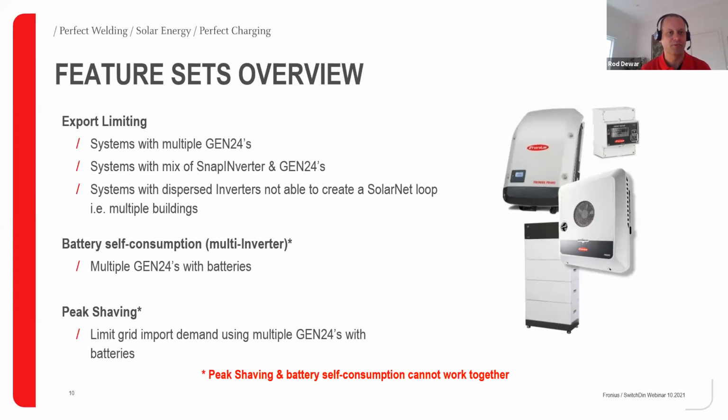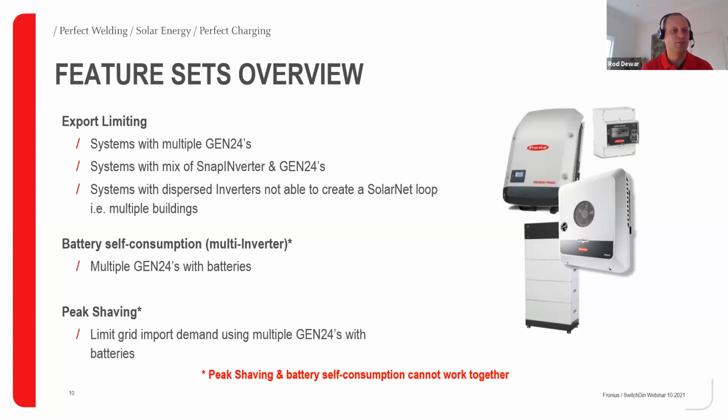When we look at export limiting, for any systems which have multiple Gen 24s, if you've got multiple ones on the site and you need to export limit the whole site, that's where the Droplet is good to come in. Also, we have some mixed systems. Let's say some systems have a Snap inverter on site and you're looking at adding a Gen 24 to that. The Droplet is used for that in order to do export limiting for the whole site.